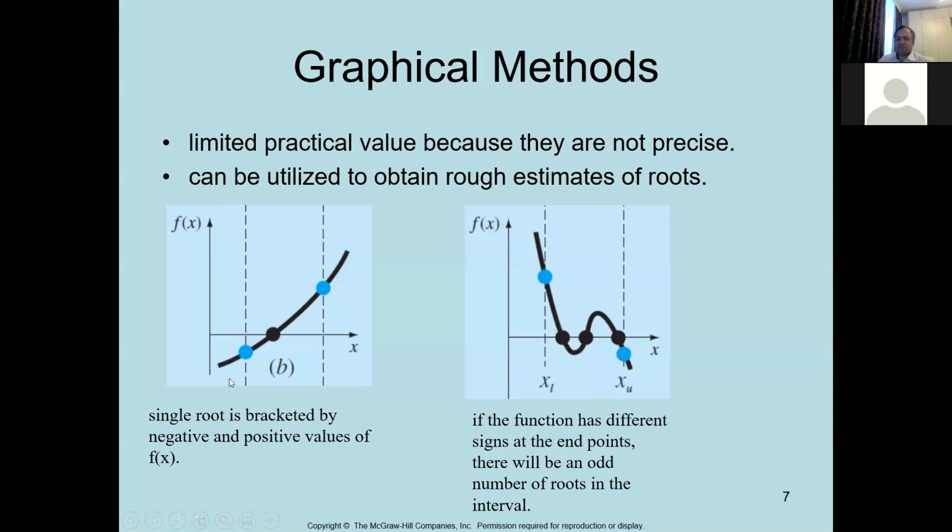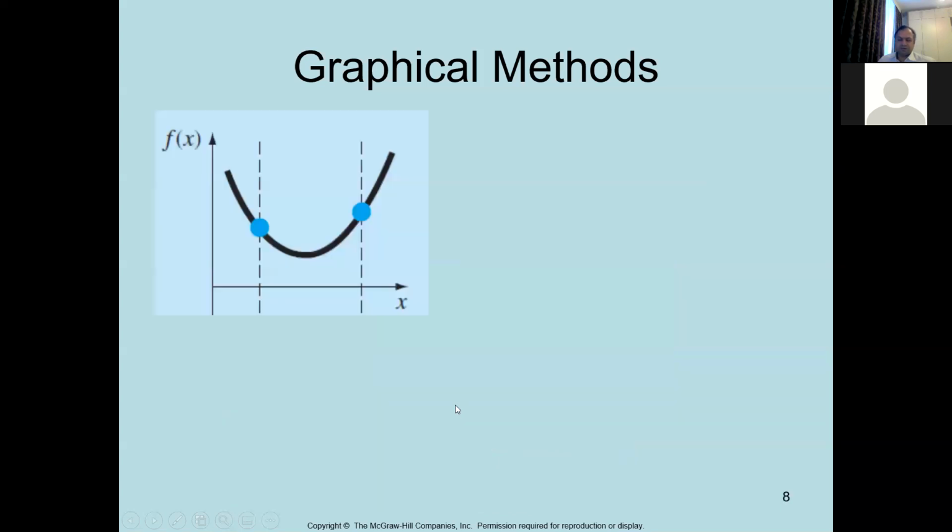So if there is a change of sign of the function from negative to plus, or from plus to negative, there are usually an odd number of roots: 1, 3, 5, 7, etc. Okay, so now look at the second observation.